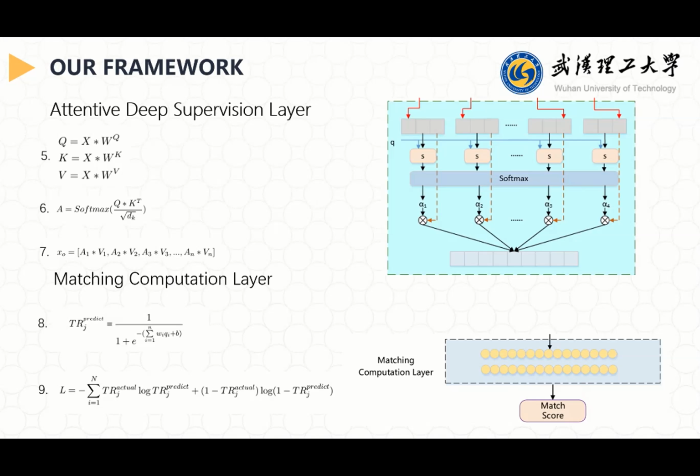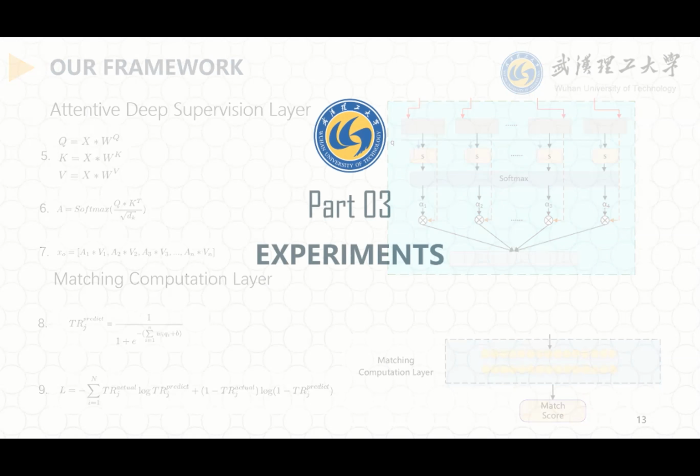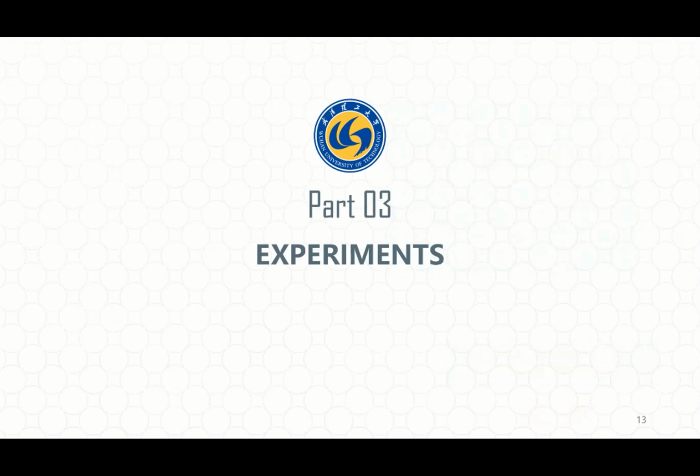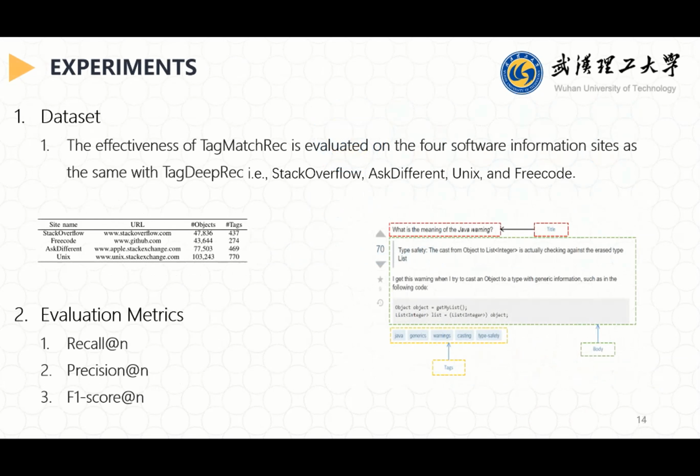The objective function of our framework is based on the cross entropy function. And part 3, experiments. The effectiveness of TagMatch is evaluated on the 4 software information sites, the same as TagDeepRec.